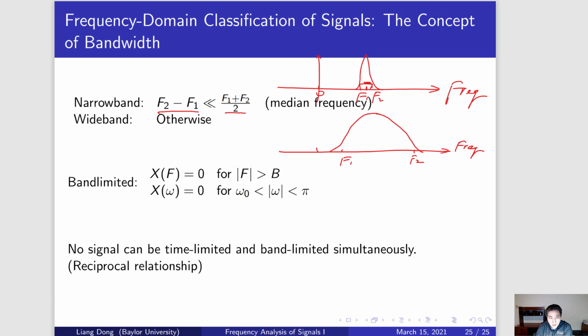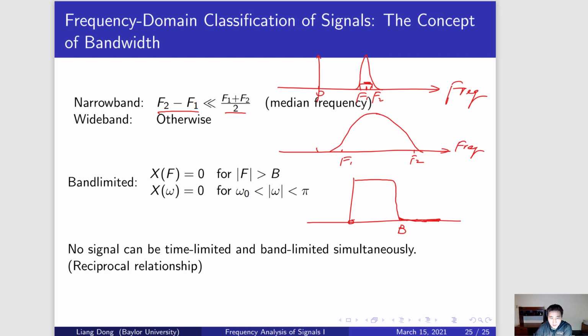A band-limited signal is, on the other hand, one where my signal is nullified to 0. For example, I can have a band-limited signal from DC to a transition frequency of B. If beyond this frequency my energy concentration is almost 0, then I call it band-limited. It's also another name for a low-pass filter.